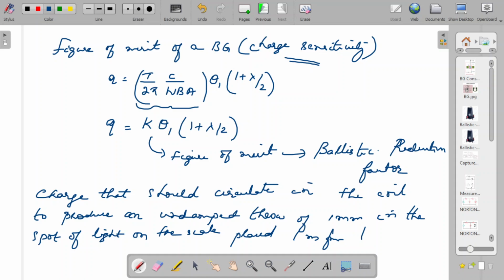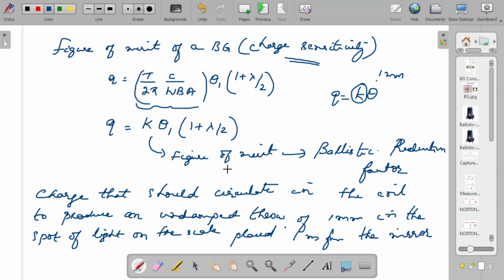So K is the charge required to flow through the coil to make an undamped throw of 1 millimeter on the spot of light on the scale placed 1 meter from the mirror. That is called the charge sensitivity, the figure of merit, or the ballistic reduction factor. I hope you understood what the figure of merit of a ballistic galvanometer means.